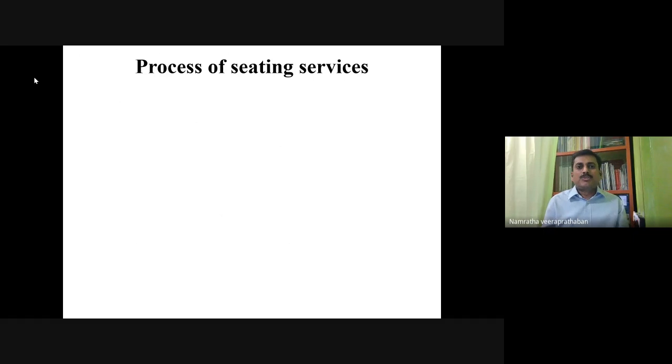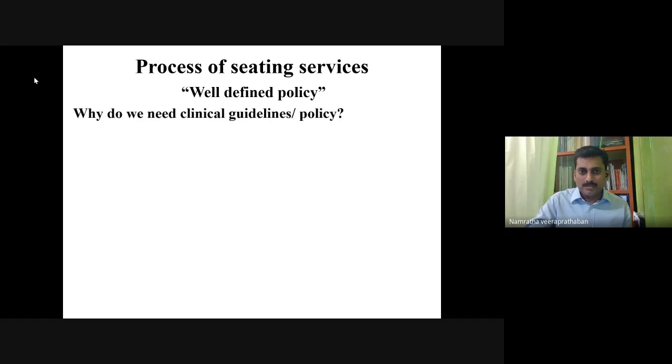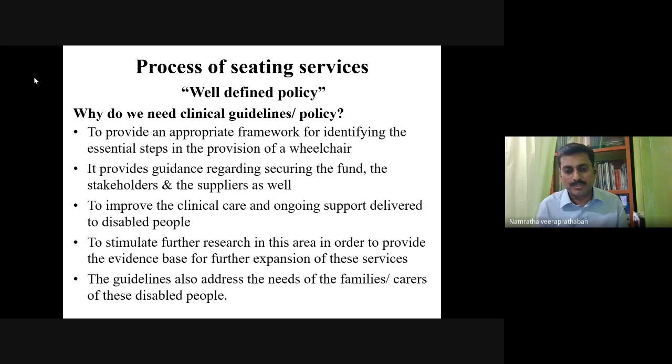Now, let's go to the process of seating services. If you want to develop and establish any new service, you need to have a well-defined plan and well-defined policies. Why do we need well-defined policies or guidelines? Here come the points to discuss.